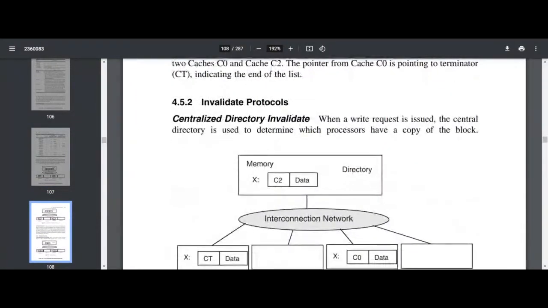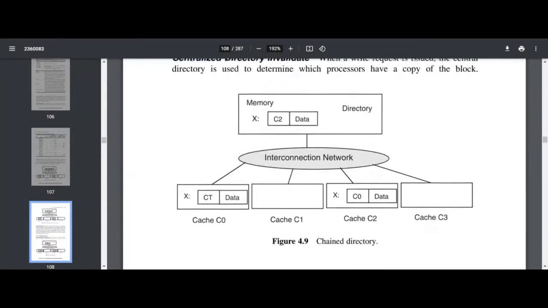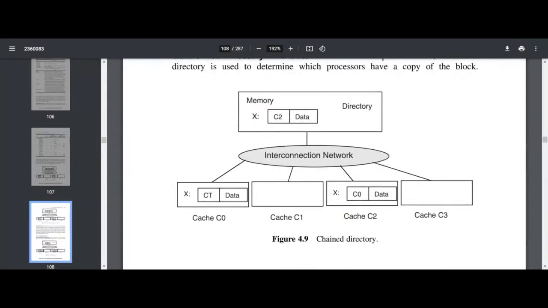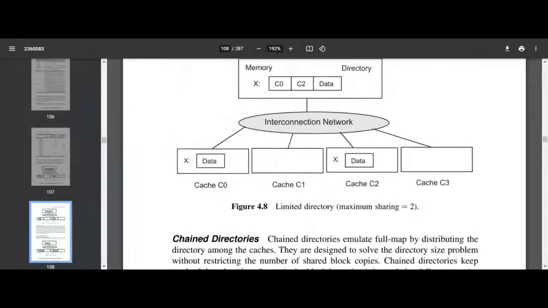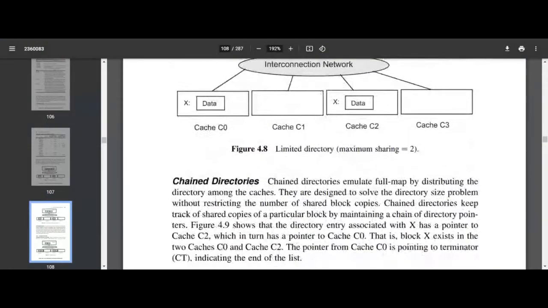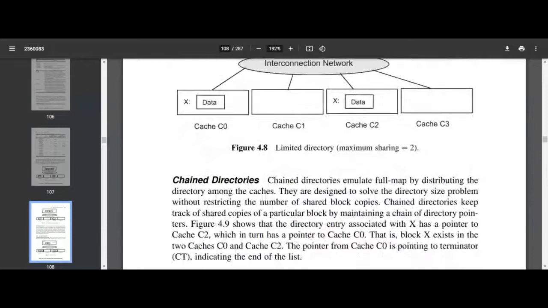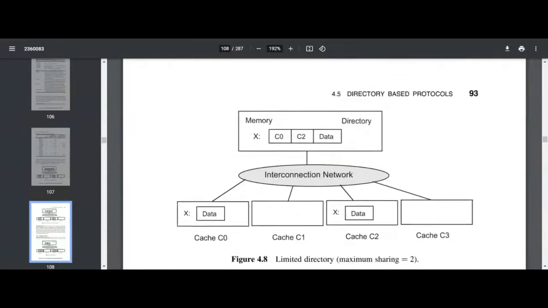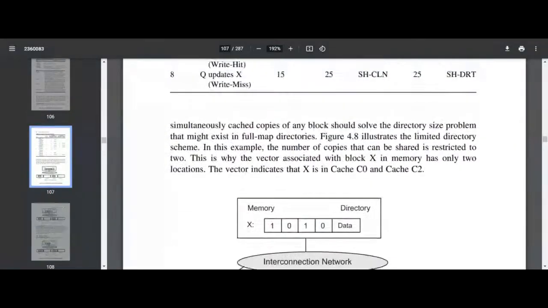Finally, we will go towards the invalid protocol as well. The invalid protocol has multiple connections, getting the C attribute and the data attribute all together. C actually shows the caches.